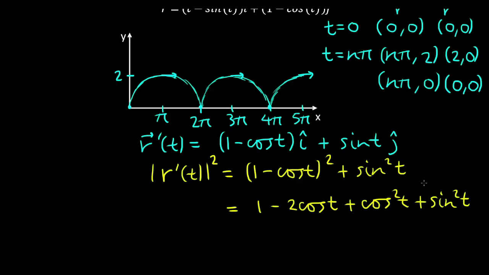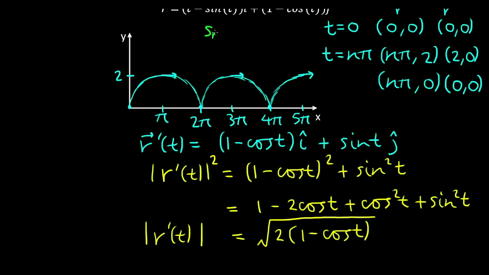And cosine squared t plus sine squared t is 1 by the trig identity. So what we get is 2 times 1 minus cosine t. And taking the square root of both sides, the speed is the square root of the right hand side.